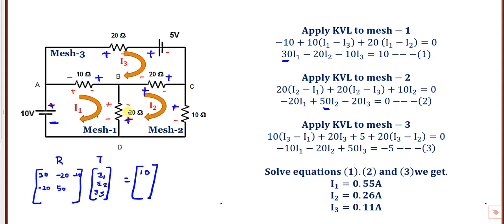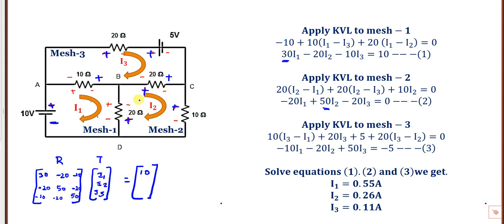Common to 2 and 3 is minus 20. Now 3 1, 3 2, 3 3: common to 3 and 1 is minus 10. Common to 3 and 2 is minus 20. And the sum of resistance in mesh 3, 20 plus 20 plus 10, is 50.